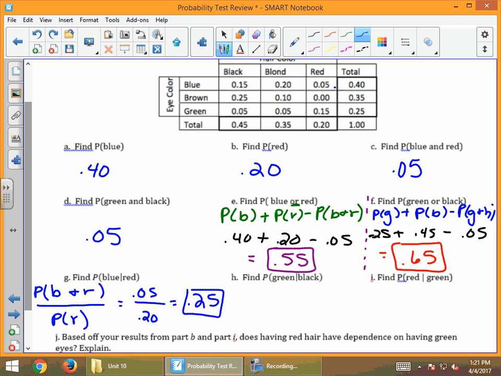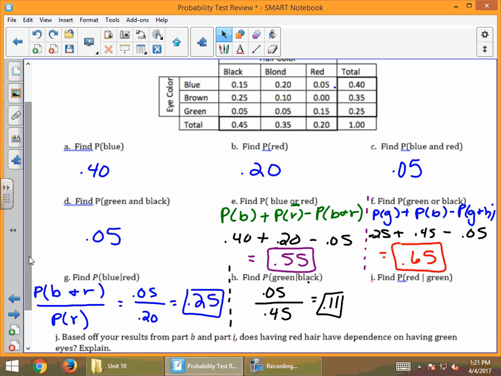Okay? So same thing with H. We have that straight up and down line. So it's the probability of both. What's the probability of having green eyes and black hair? 0.05. So both over, what's the probability of the second, just having black hair? 0.45. And 0.05 divided by 0.45 is 0.11.